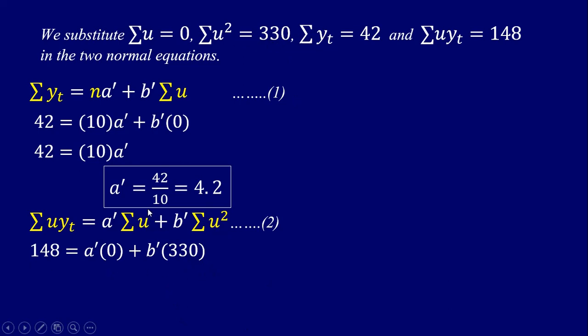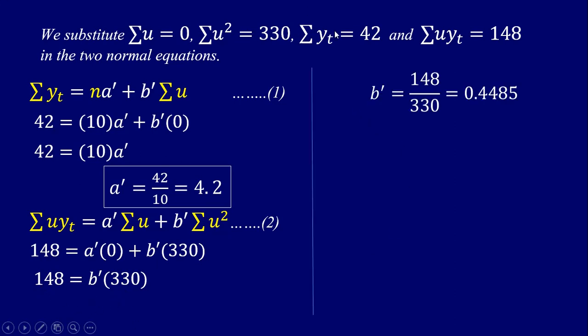Since summation u is equal to 0, this term gets cancelled and we get b dash is equal to summation u yt upon summation u square. So 148 is equal to 0 plus b dash into 330. So b dash is equal to 148 upon 330 is equal to 0.4485.